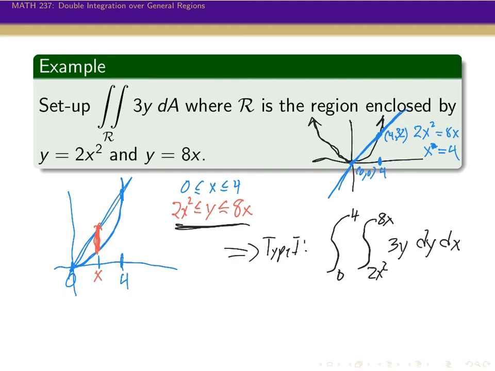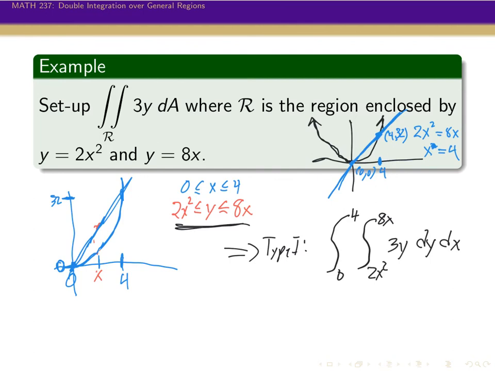Well, can we also treat this as a type 2 integral? Well, let's get rid of this vertical line. So what are the y values in the region here? Well, it's starting at the origin, so the y value there is 0, and it goes up until we hit the point where the x value was 4 and the y value is 32.